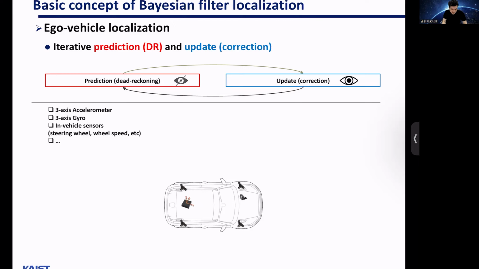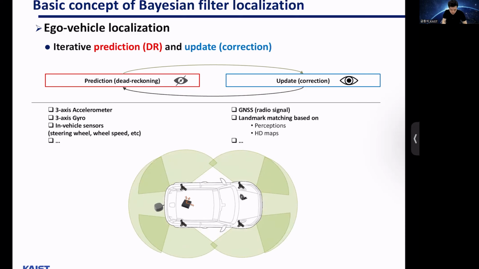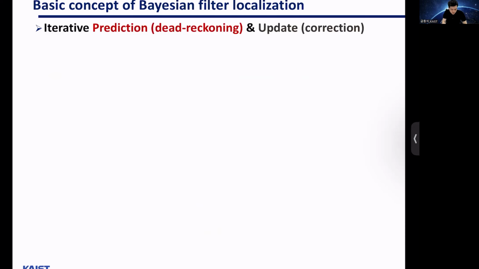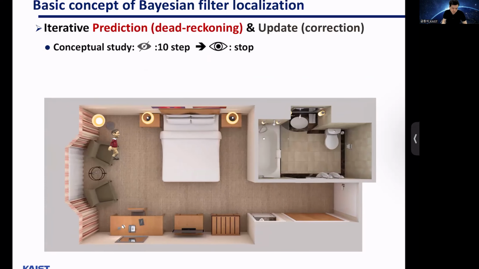In the case of localization, we have different sensors, and this is just an illustration. Let's say you moved from one point to another and you want to find out where you are.